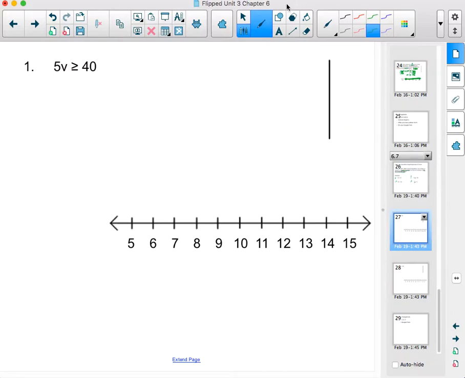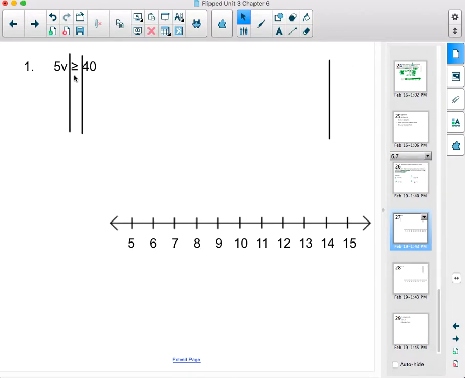So here's my number 1. We already figured out that we are not going to have to flip when we solve this, and we'll see why in just a second. It says 5v is greater than or equal to 40. To solve this, we need to get rid of that 5, and to do that, we're going to divide by 5, and we balance it out on the other side. We divide both sides by 5. 5 divided by 5 is 1, which leaves us with 1v.